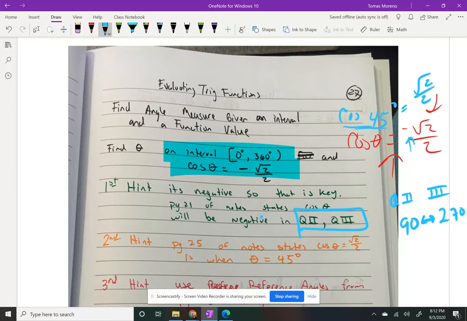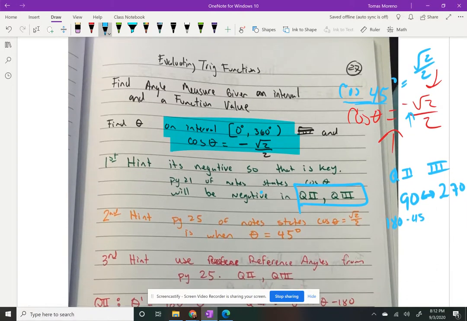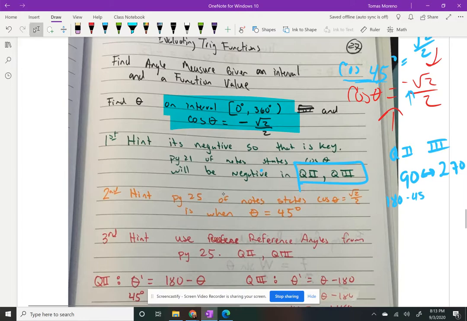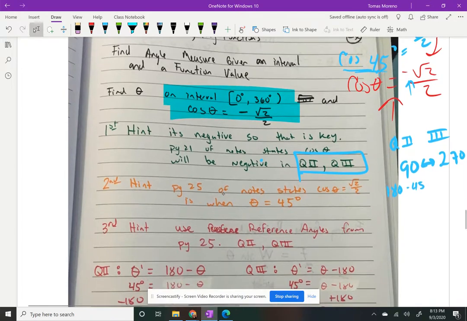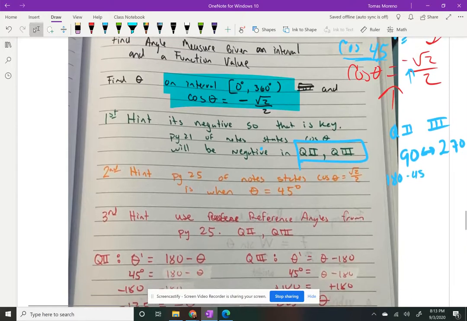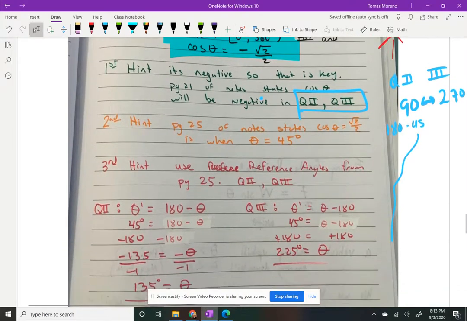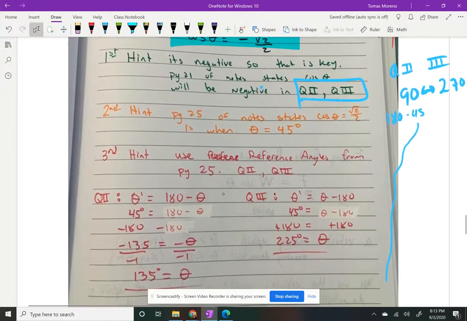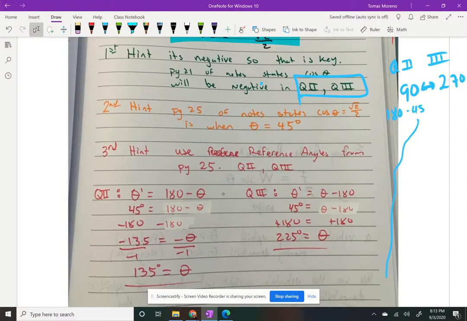But remember, for quadrant 2, we're going to take 180 and subtract. Why do we subtract? Because we know our reference angle is 45. So we want to find the original angle, which in this case, I already did the math. So I'm going to scroll down. We have it right here, 180 minus the angle.